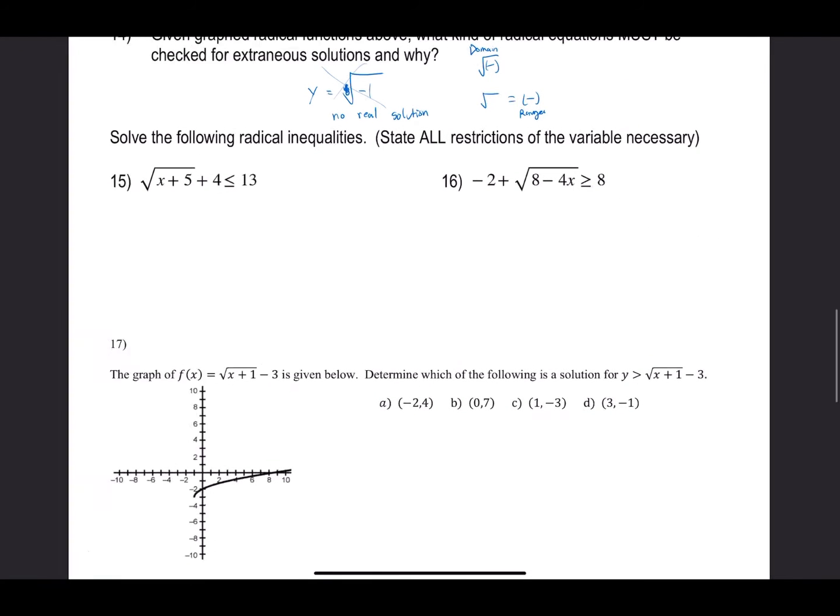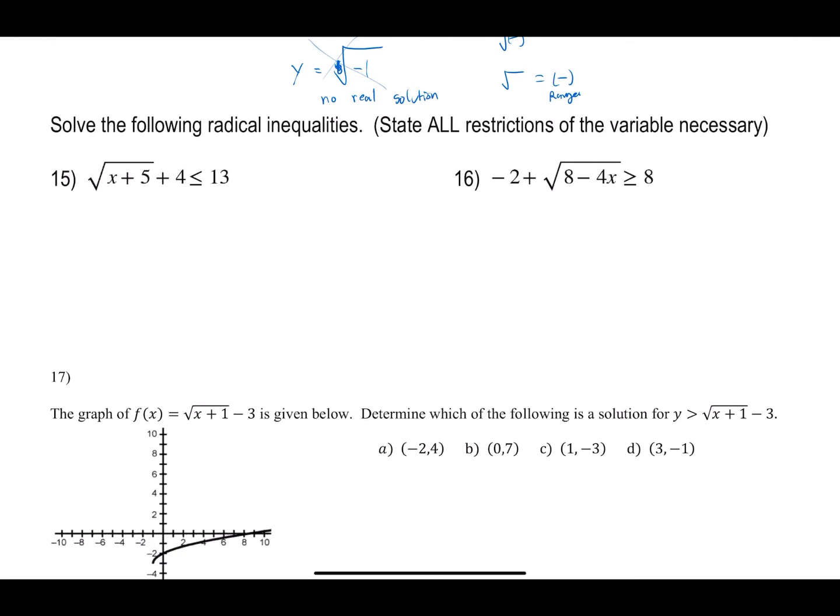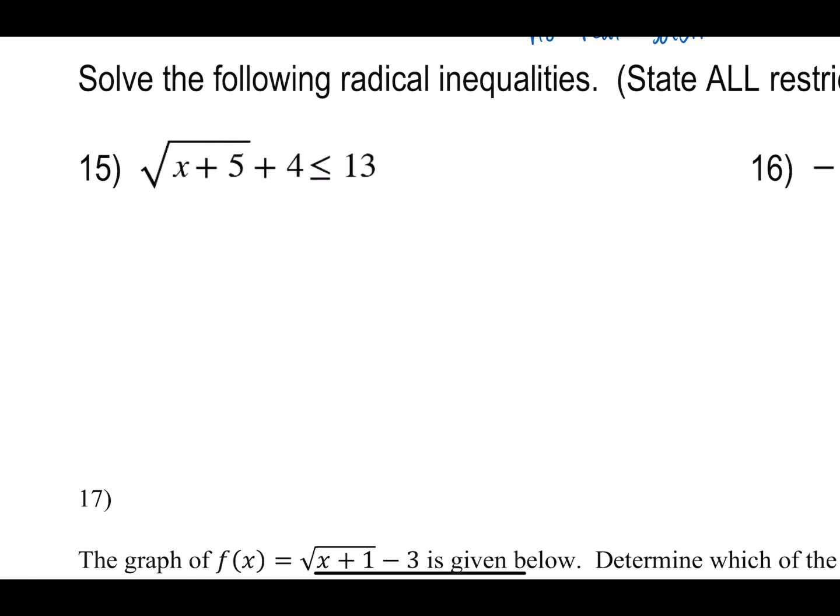Okay, radical inequalities. They only really have one thing added extra that radical equations don't have. We're going to solve it like usual, which is isolate the radical, equals 9, square both sides, and we're going to get x plus 5 is still less than or equal to 81.